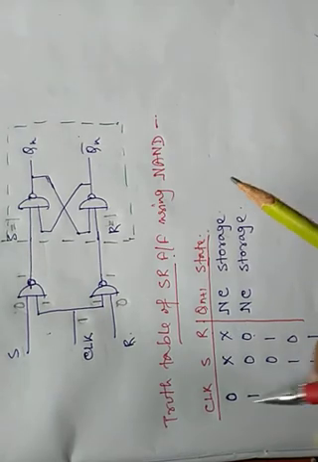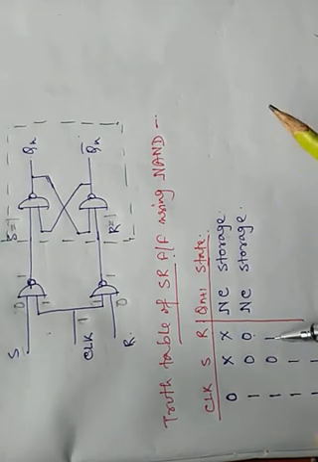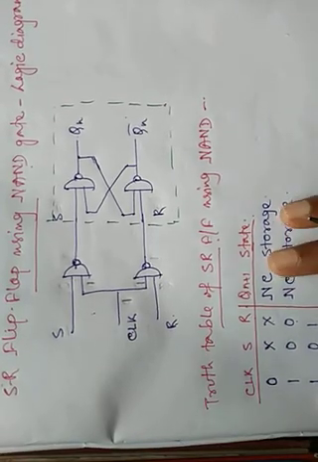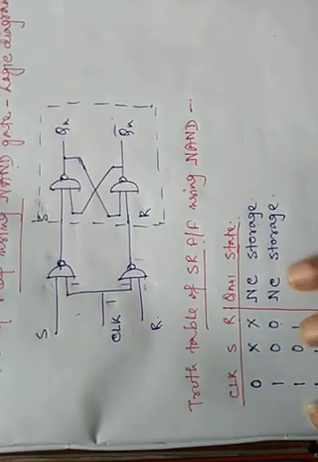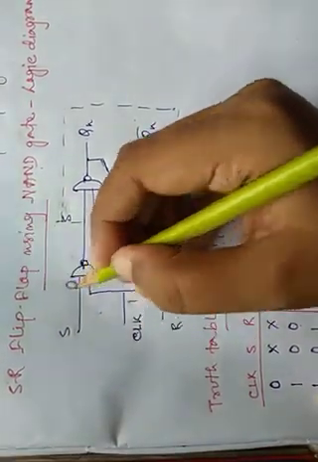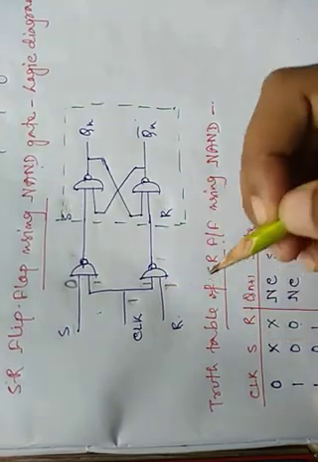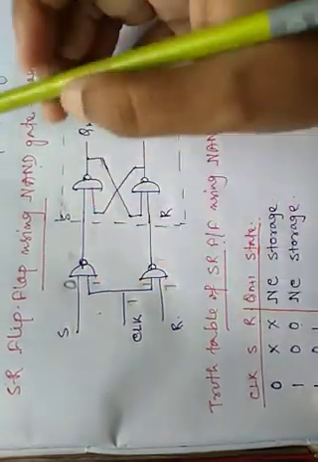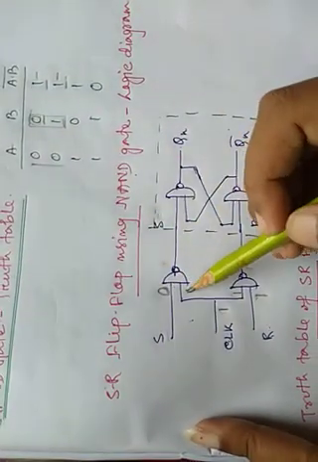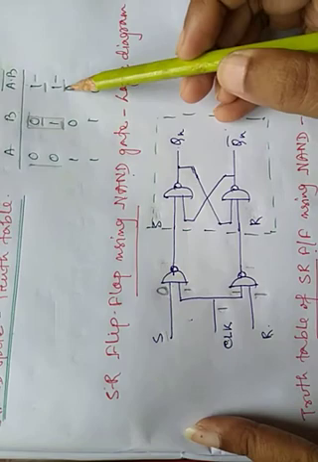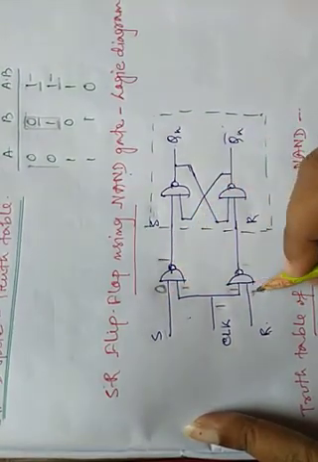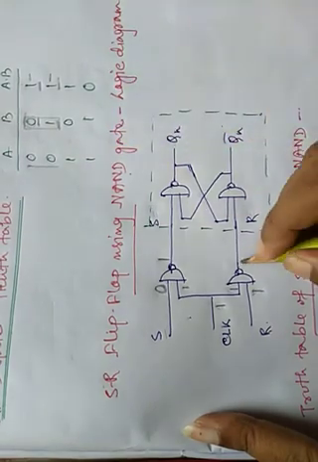Okay. Now for the second condition, clock is 1, S0, R1. For NAND gate, S0, 1: 0, 1 means 1. So it is 0, 1 means 1. And here both are 1, 1, 1 is 0.